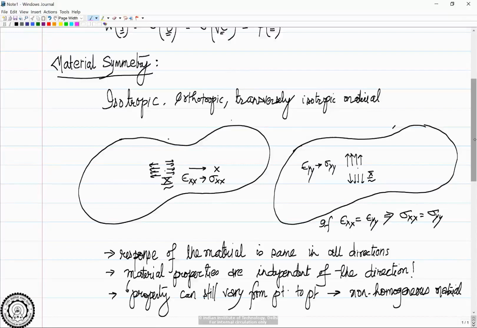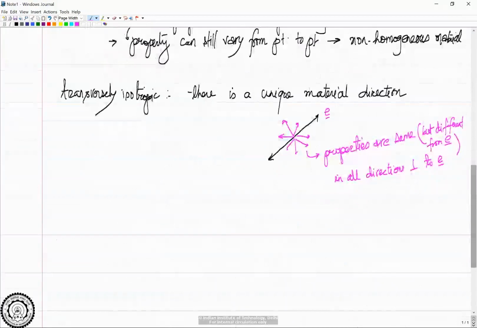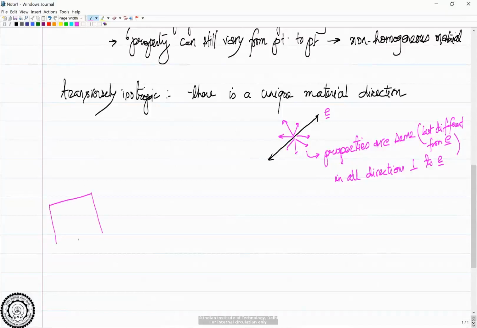Maybe I can illustrate it through figures. Let me draw the picture.